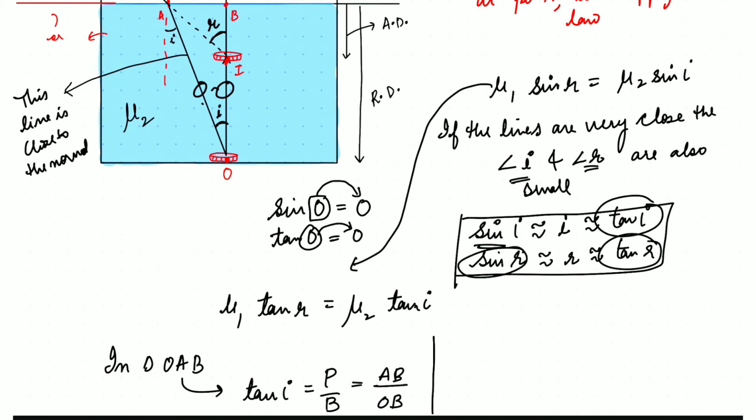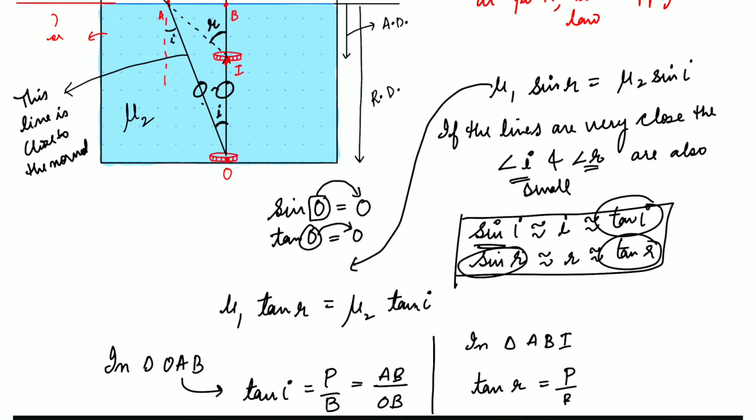Okay, very nicely. Let's look at a different triangle now. In triangle ABI, this triangle is right angled at B. I hope you can see that. In this triangle, look for tan of r.